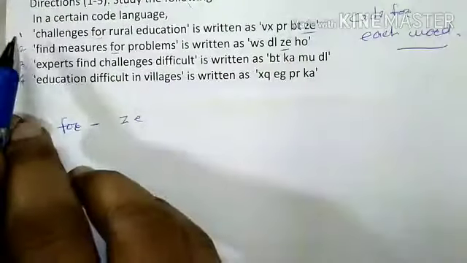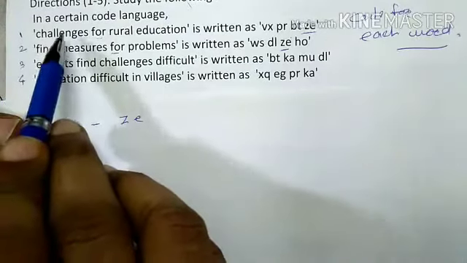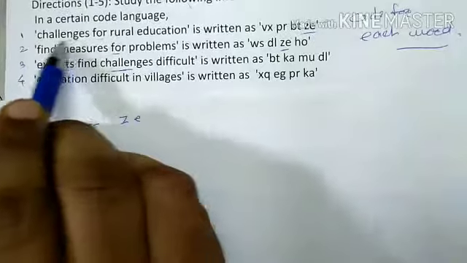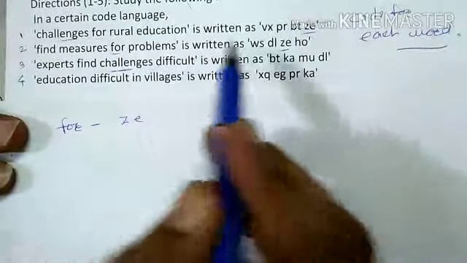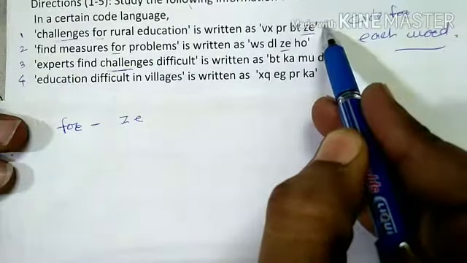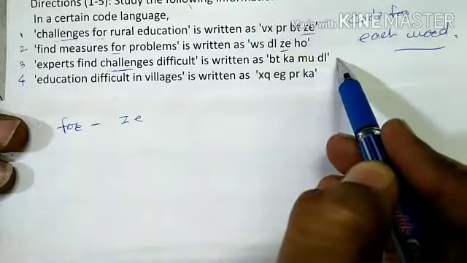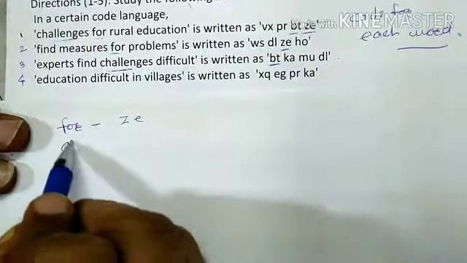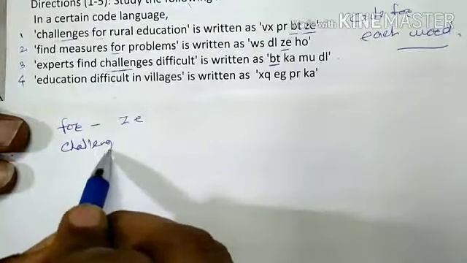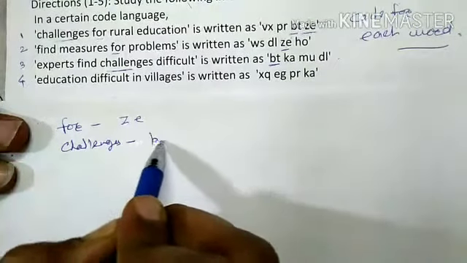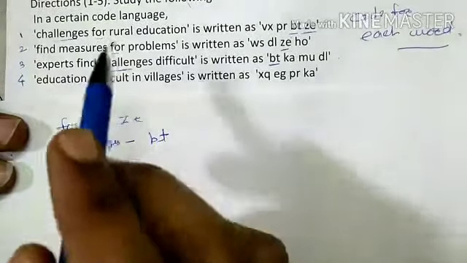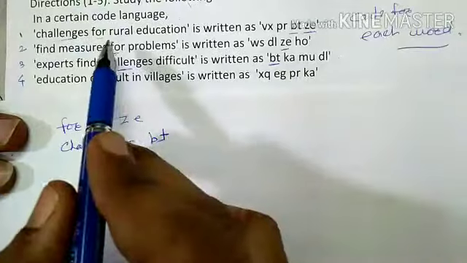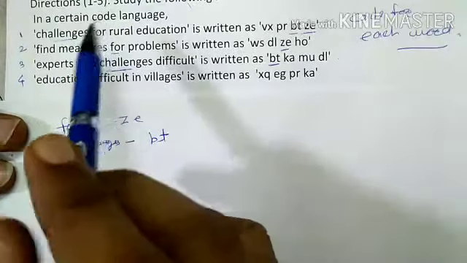Next, in message 1 and 3, "challenges" is common, and in the codes of 1 and 3, BT is common, so the code for challenges is BT. Likewise, we will find out the code for each word.